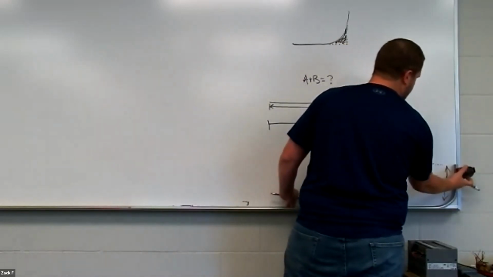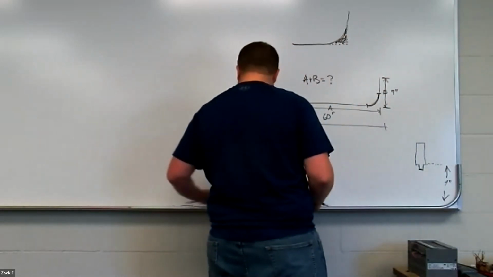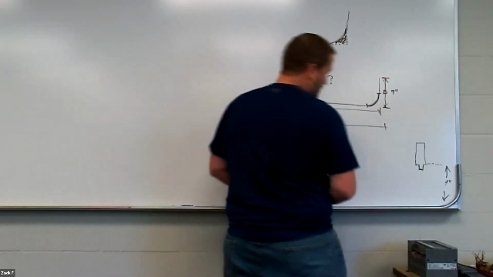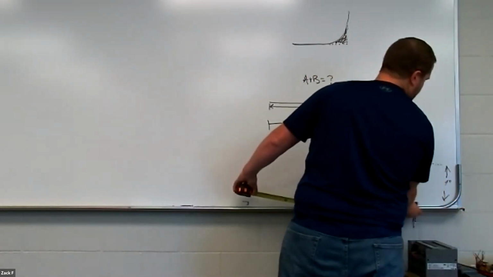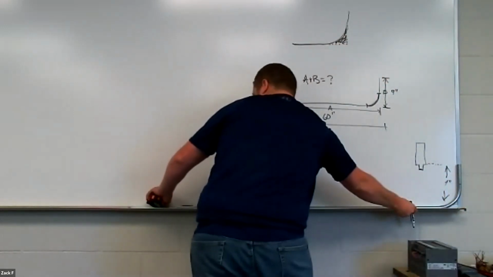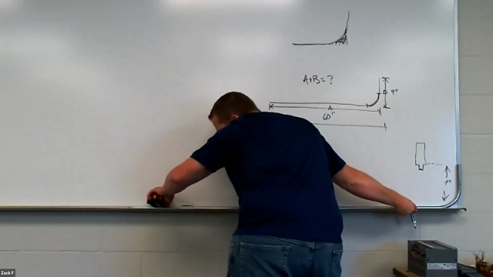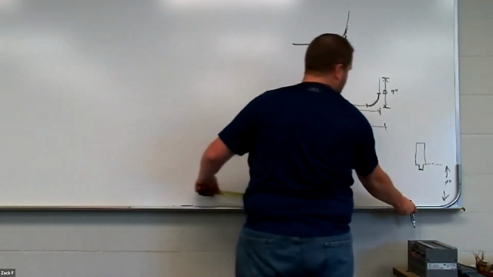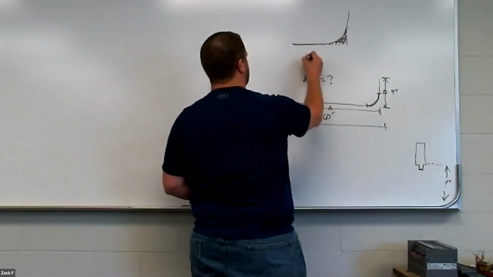We know it was 60 inches when I cut it, right? Yes, we sure did. So this is, I'm going to call it 53 5/8. So A is 53 5/8.